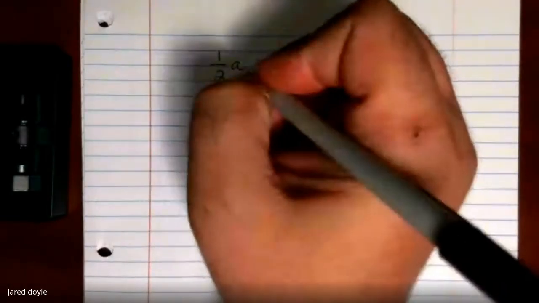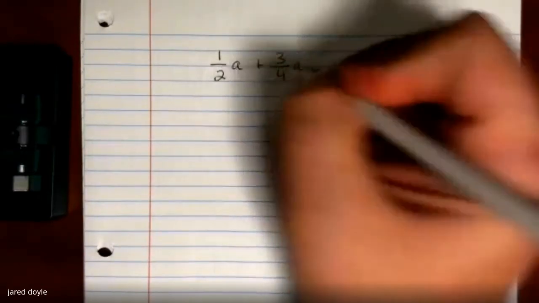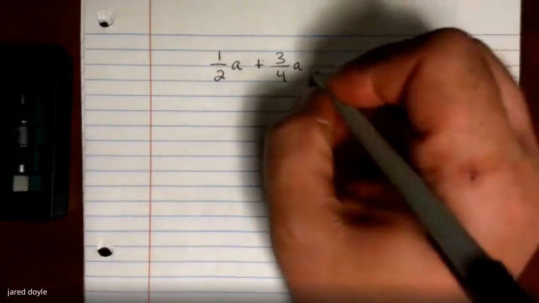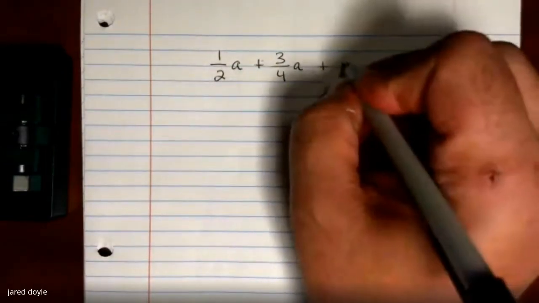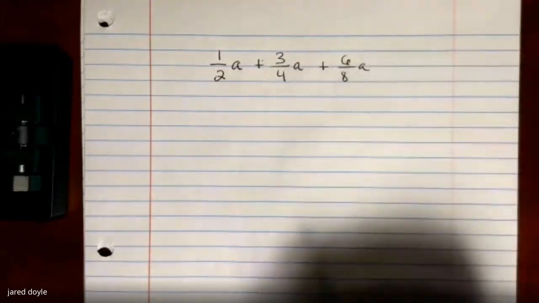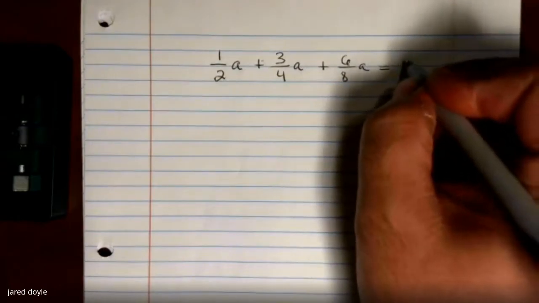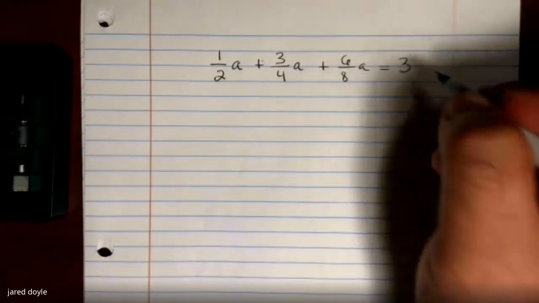Let's go with 1/2 a plus 3/4 a plus 6/8 a, and we're going to say that all equals 3, just for fun.